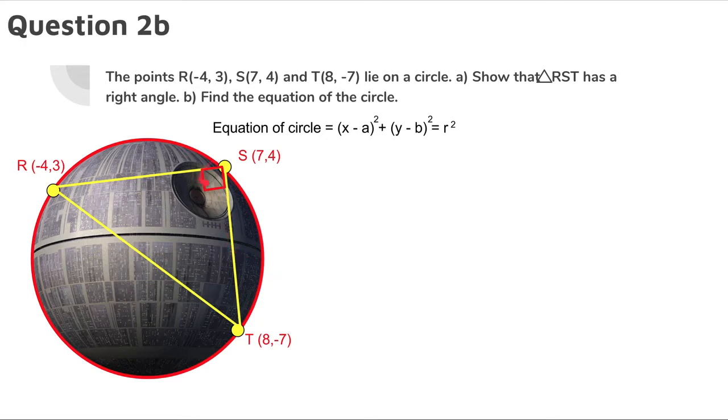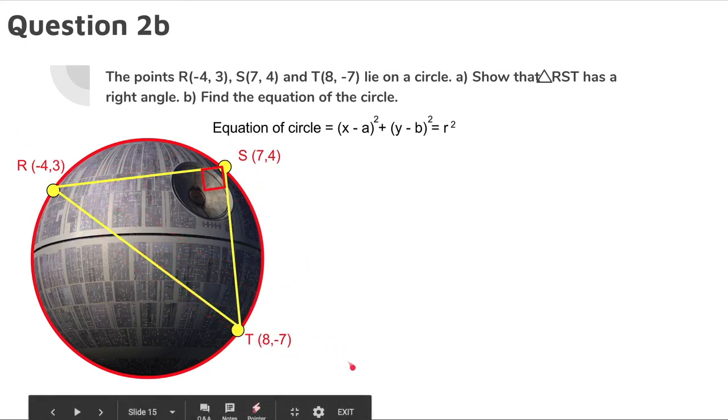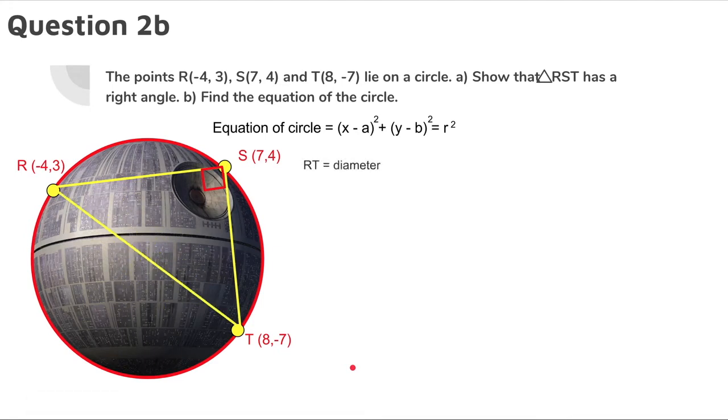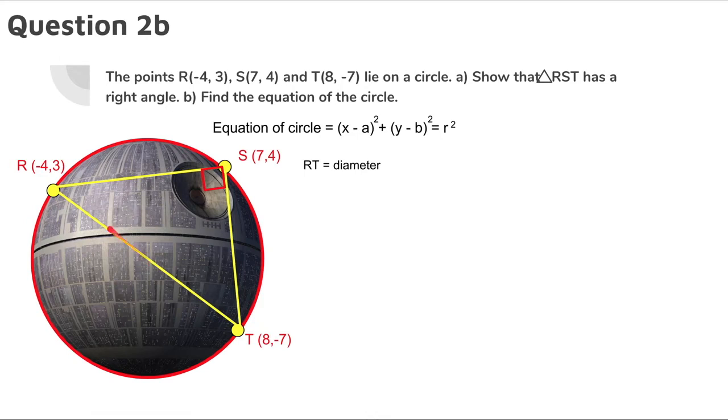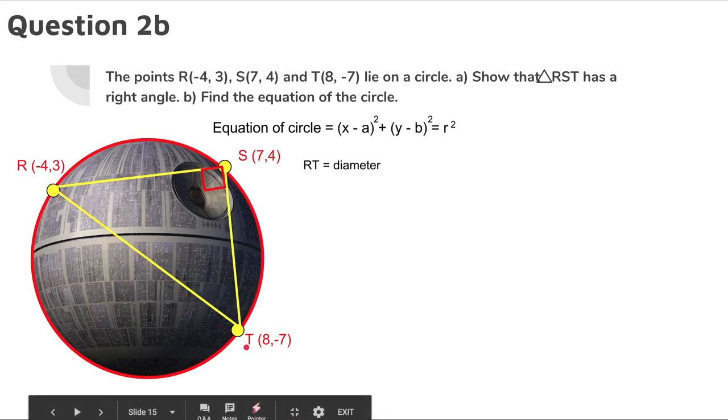So if there is a right angle here, then this is a semicircle, which means that RT must be the diameter. And if we know which line is the diameter, then finding the coordinates of the center is easy. We just find the midpoint. And finding the radius is easy. We just find the distance of the diameter and divide it by 2.